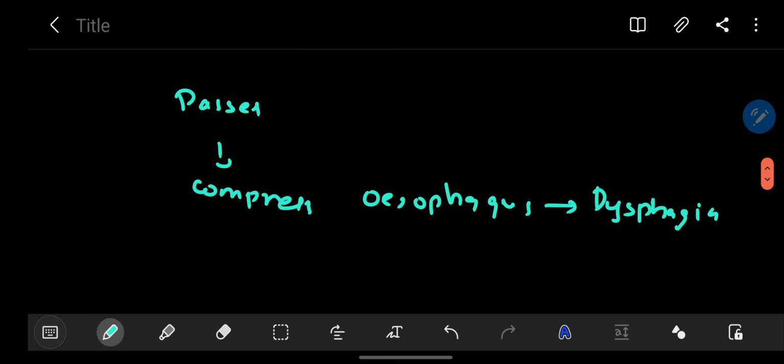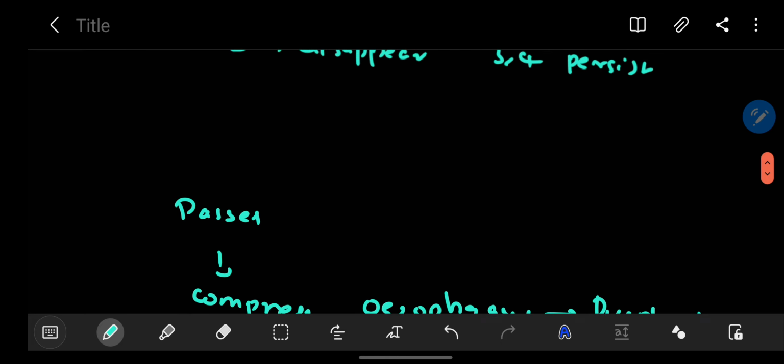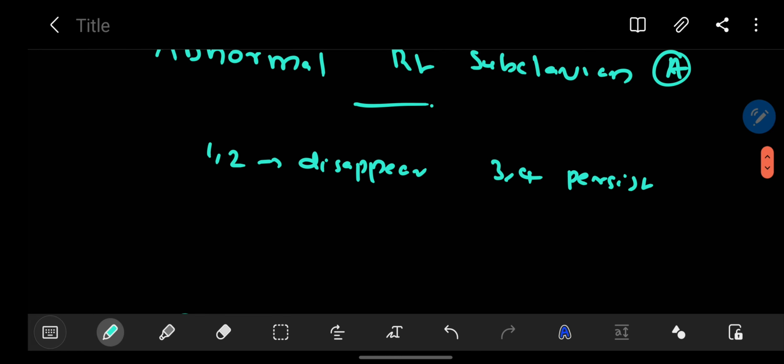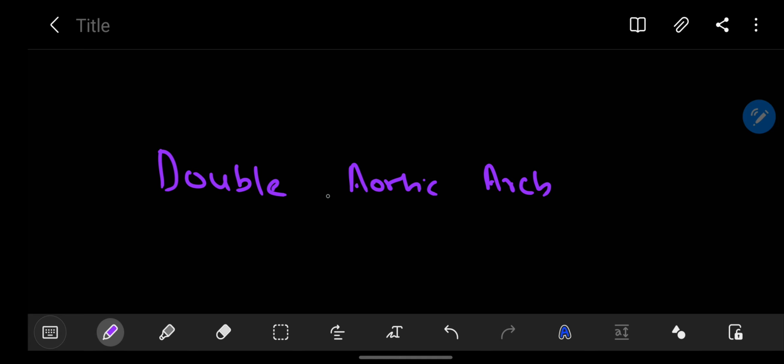That is why dysphagia due to this cause is called dysphagia lusoria. And the abnormal right subclavian artery is known by another name, Lusorian artery. Next clinical correlation is double aortic arch.